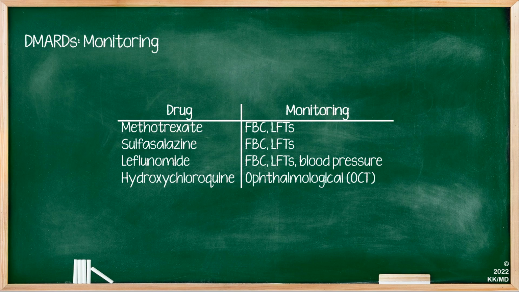In the case of hydroxychloroquine, as per the joint British Society for Rheumatology and Royal College of Ophthalmologists guidelines, ophthalmological screening is required after 5 years of use, but patients are encouraged to do yearly optician screening with OCT during their time on this drug and just before starting as well.